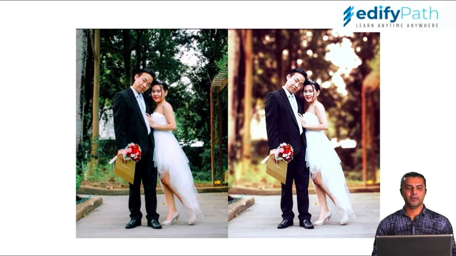In that case, we can use Photoshop and we can blur the background. If I show this right image to any audience, any viewer, he'll say this photograph is captured by a professional photographer using a high-end lens. That's why the background is completely blurred.